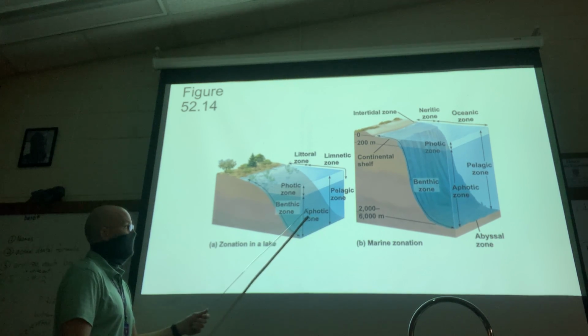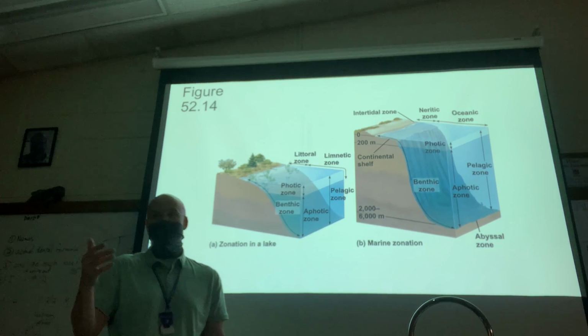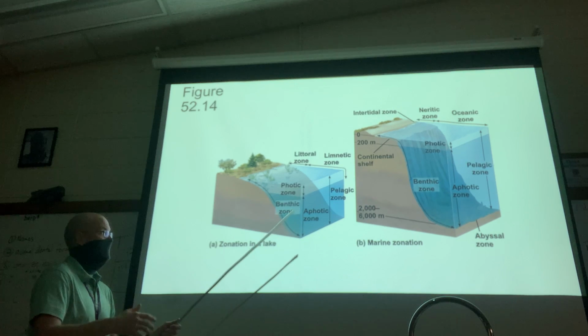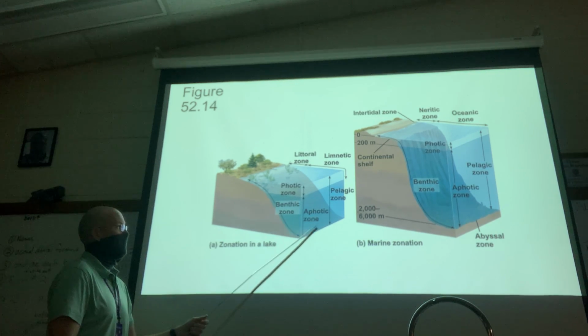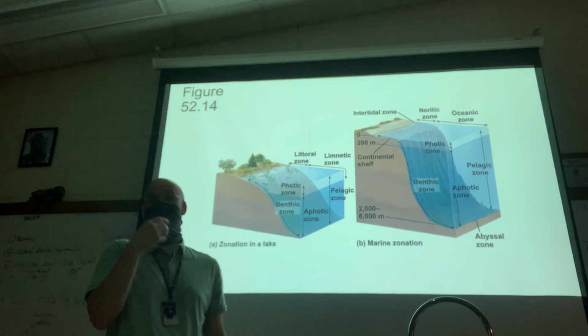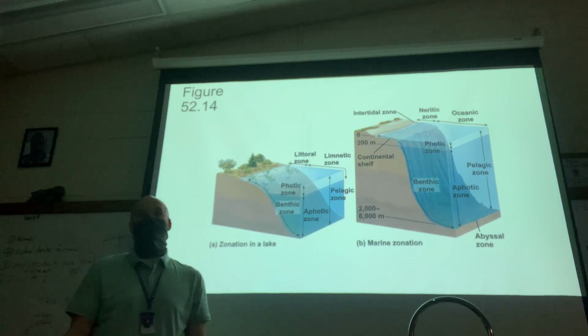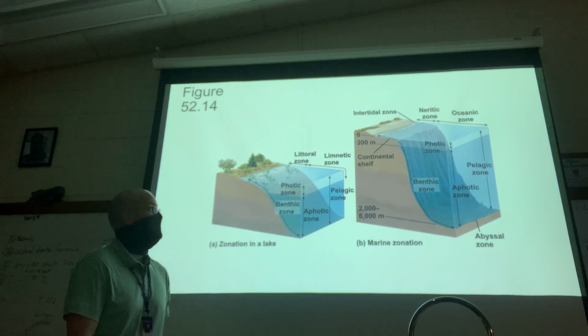And then you have the aphotic zone, with a prefix meaning without or not, where you do not have as much light, or in some cases in deep oceans, any light at all that penetrates that deep.